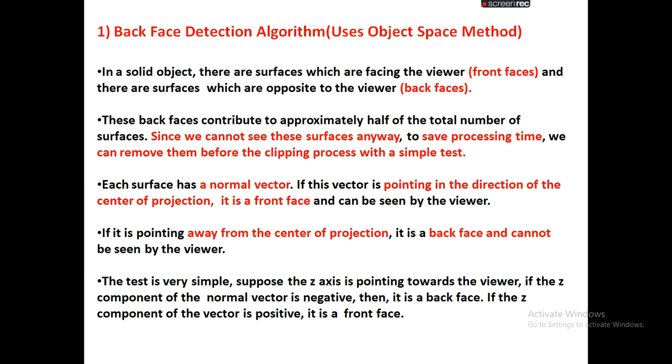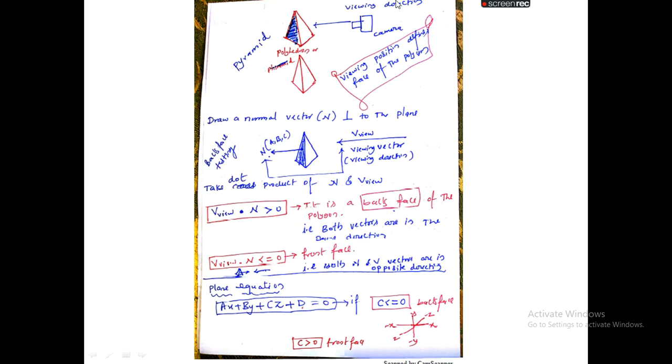So in the case of the backface detection algorithm, I'll come back to this slide later. I will directly go to the next slide. So I am explaining how the backface detection algorithm works. Assume that there is a three-dimensional pyramid.